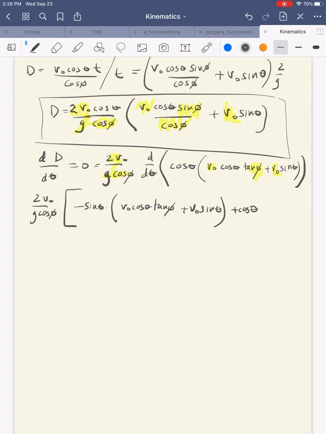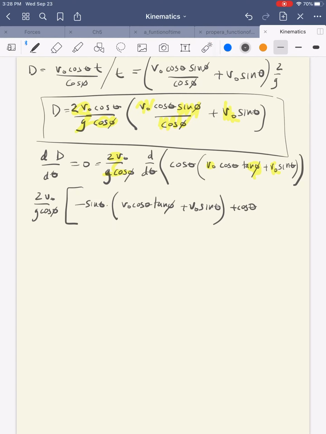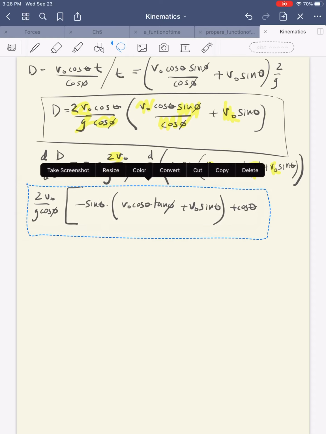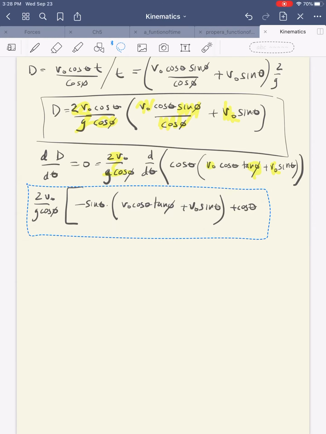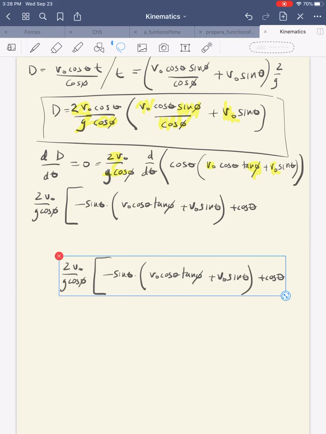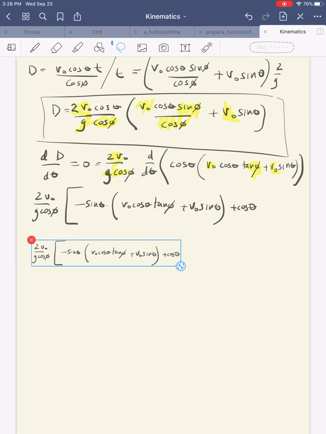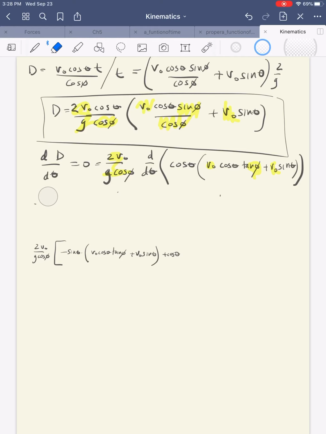Oof. Didn't plan for room really well. Let me try to make a little. There we go.